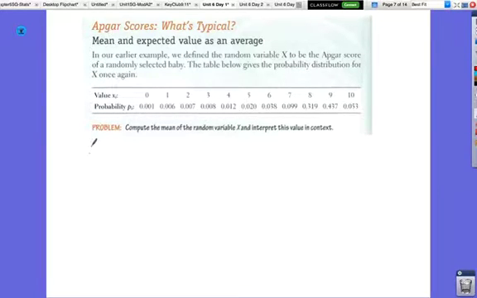Alright, so what we would need to do, we would be finding the mu, or the mean, of X. And so the way that we would do that is we would say, okay, we're going to take each of the values and multiply it by its probability.